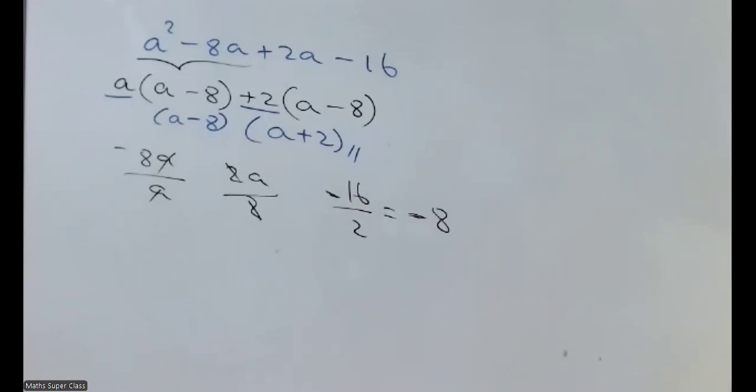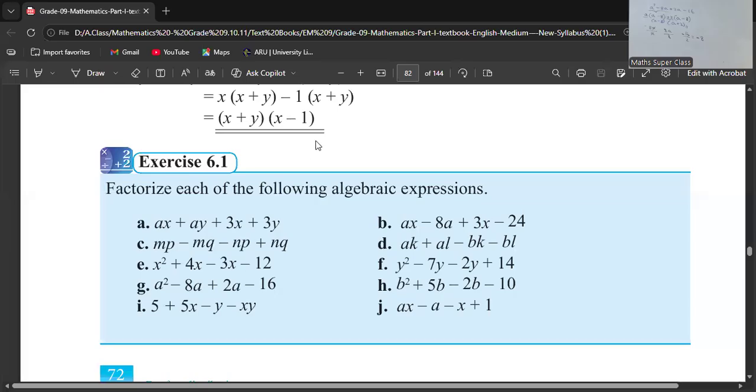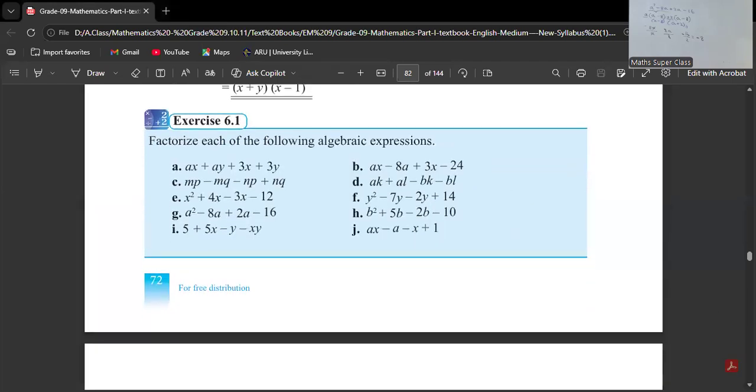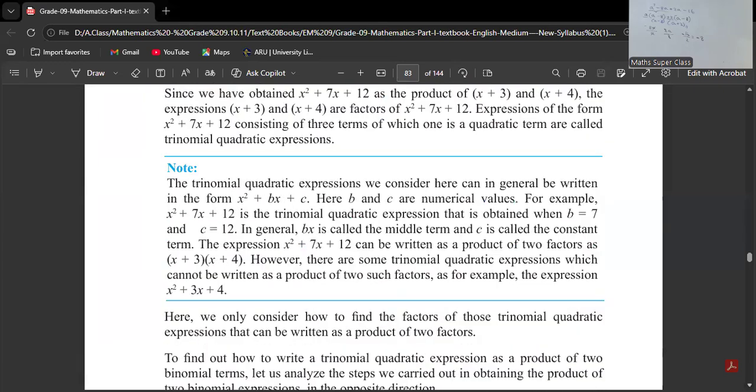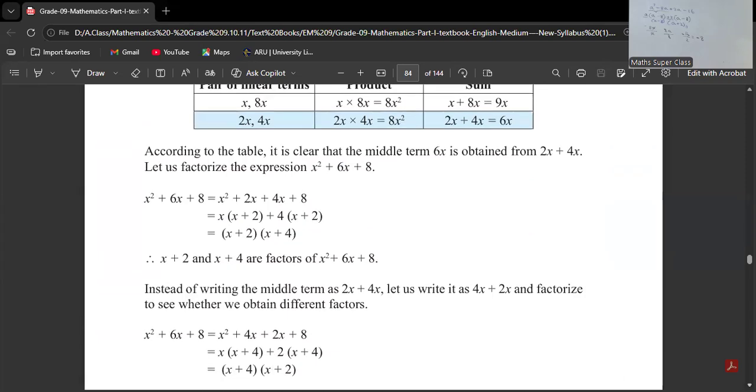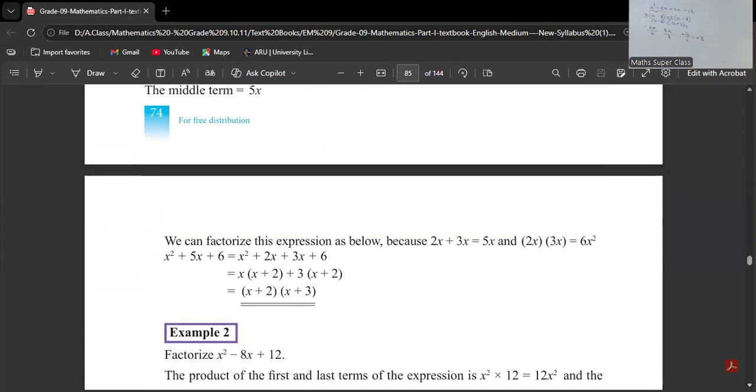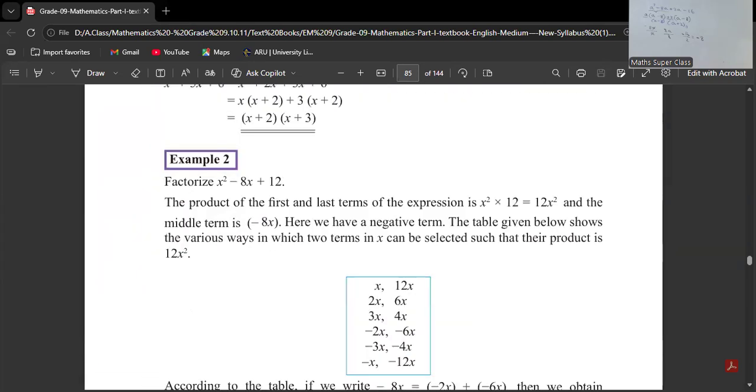So we already covered these parts. Now we are not going to try this one. This one is a little bit difficult, but we have to start from this one.